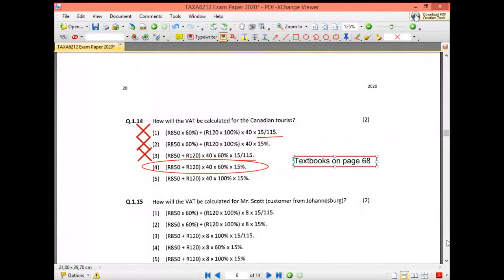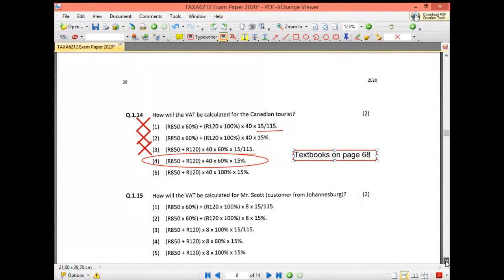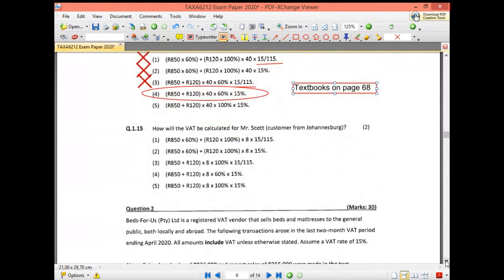Now, based on that, because Mr. Scott, our local, had a short-term stay, we would then apply 100% as opposed to 60%. So that is why 1.15 is multiplied with 100 as opposed to 60. Here they're actually testing, do you know the exceptions to the rules?